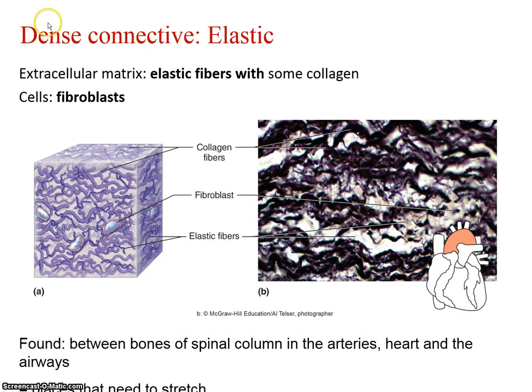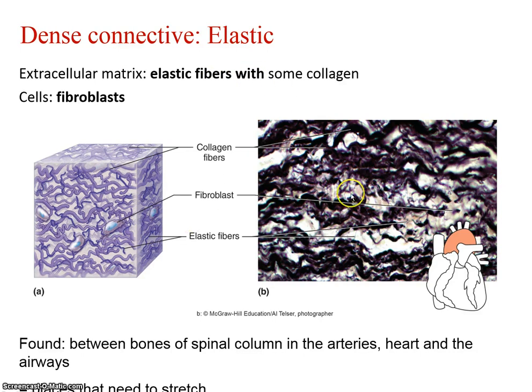So now dense elastic connective tissue. Again, we've covered the loose ones, and we're looking at dense tissues, and we still call these connective tissue proper, simply because these are made of fibroblasts, and they're made of similar fibers, some collagen, elastin, and reticular fibers. So the elastic dense connective is going to have more elastic fibers.